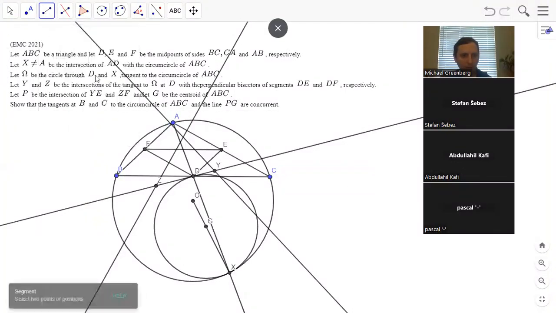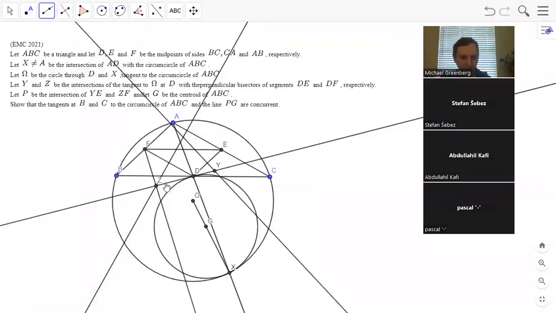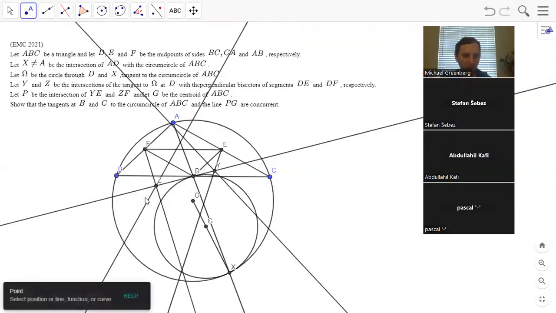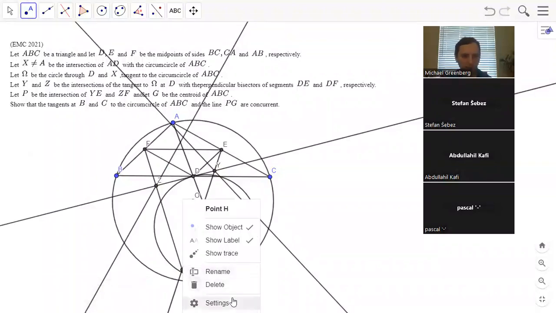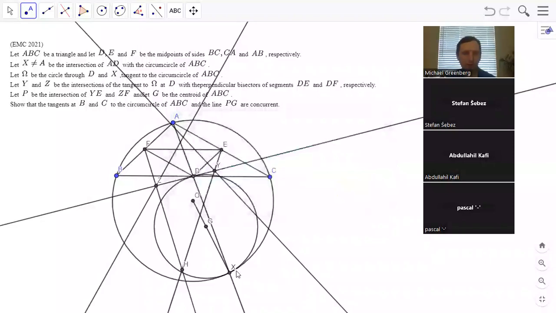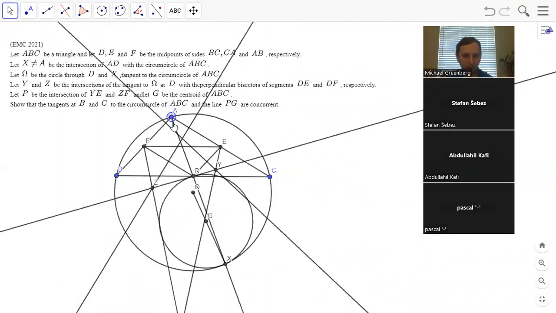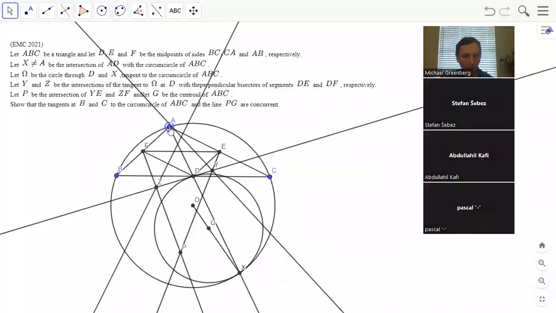Then we draw the intersection of YE and ZF. See where they meet. They meet at point P. G is the centroid of ABC. Oh, we're not really showing something as a median.